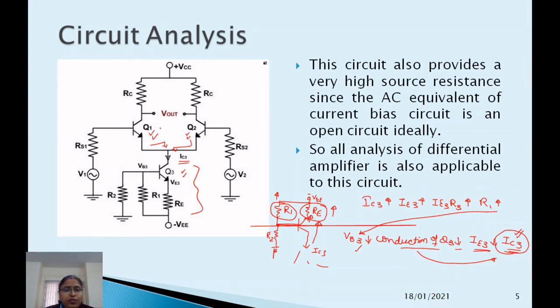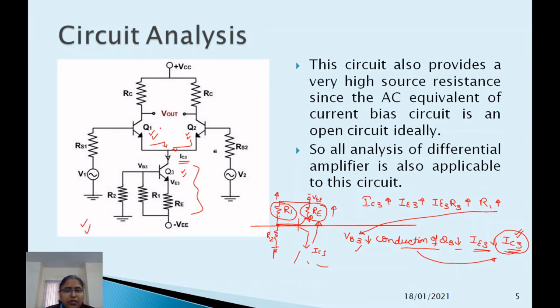Now this whole is a differential amplifier circuit with the extra feature of constant current stabilization, right? So all the analysis which we had done in part 1 to part 3 for the differential amplifier holds valid for this circuit also. Why?